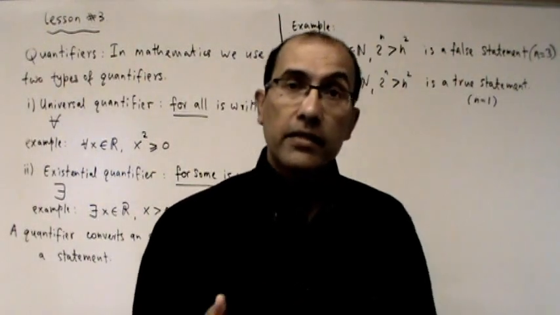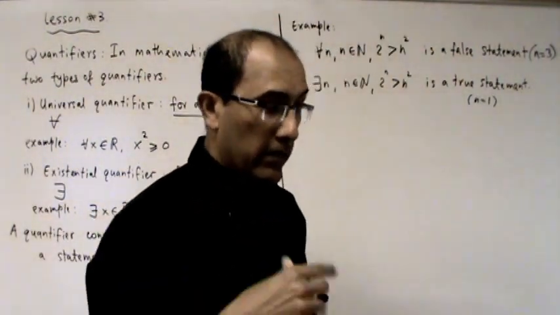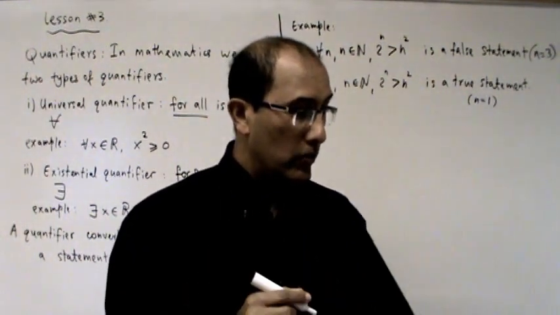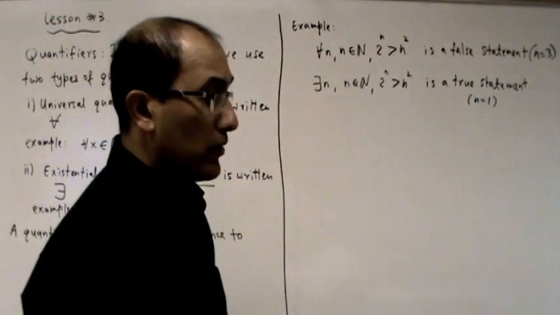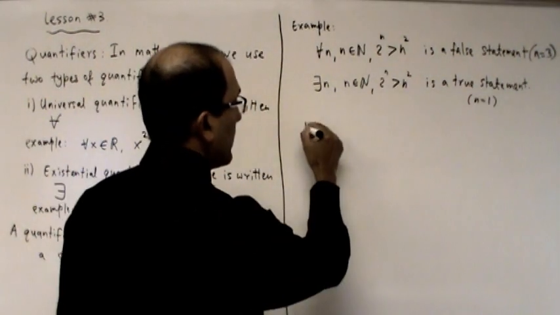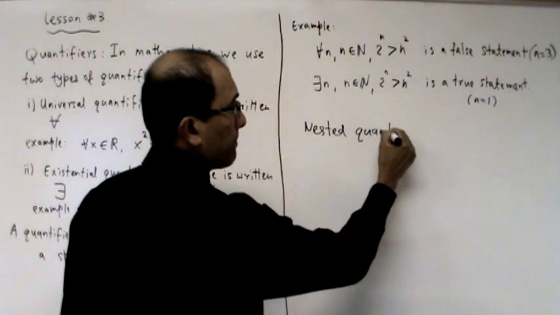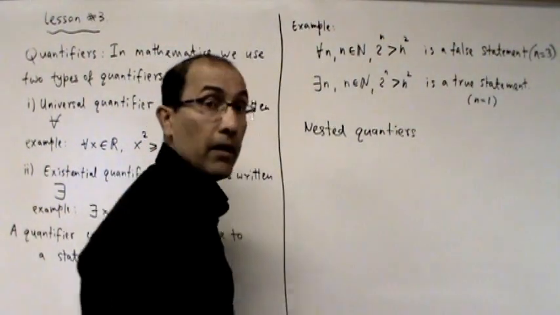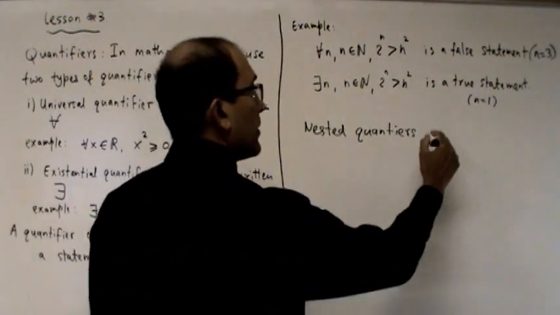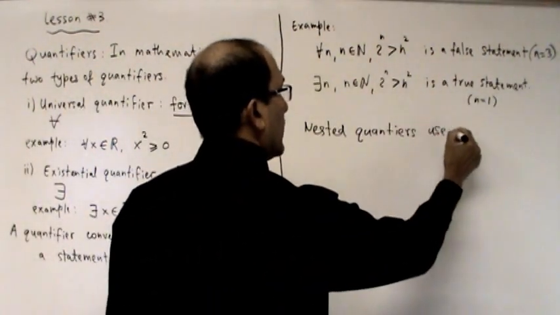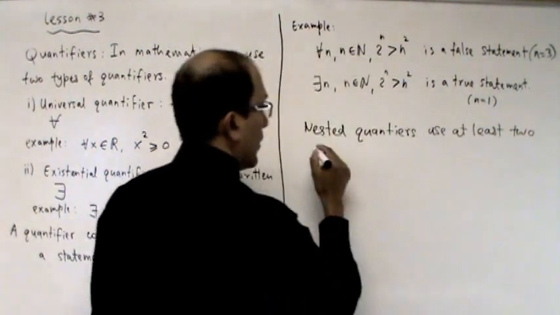In some instances, we can use what's called nested quantifiers. That means I will use two quantifiers. So what's called nested quantifiers? A nested quantifier means I use at least two quantifiers.